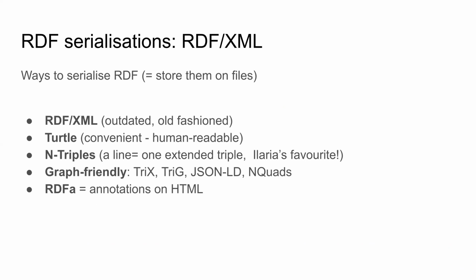Then there are certain graph-friendly formats like TriG, JSON-LD or N-Quads. There are formats that can be combined with HTML, so you can annotate RDF on HTML pages using RDFa. It's not that uncommon, but you need to look for these kinds of files.